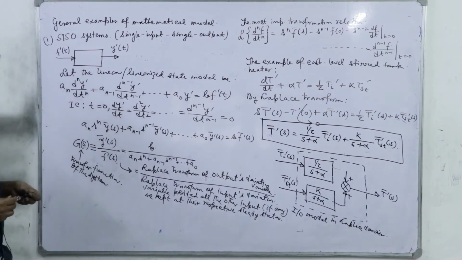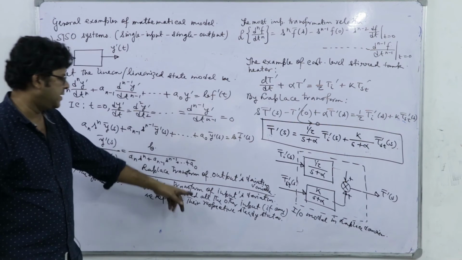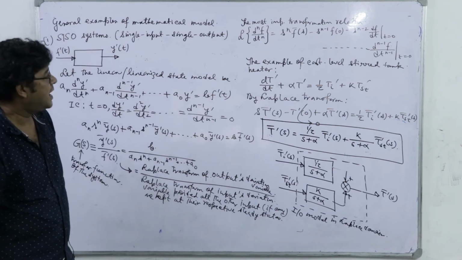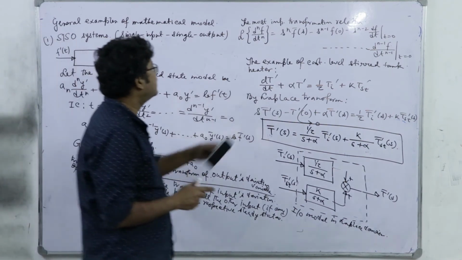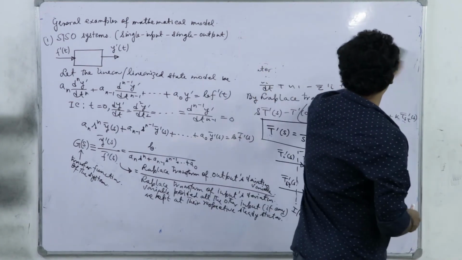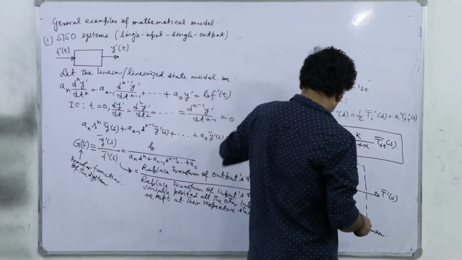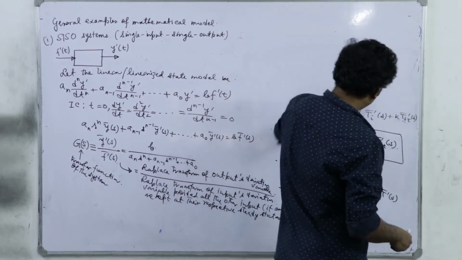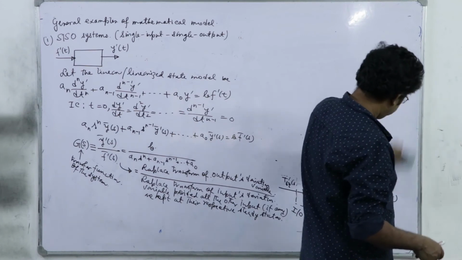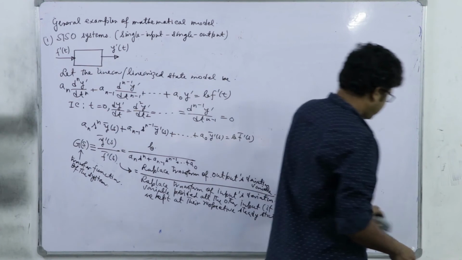We will see the implication of the statement that all the other inputs are at their respective steady states. We can understand the implication of this definition of the transfer function once we go to these multiple input systems.